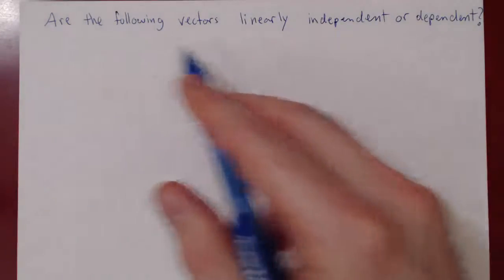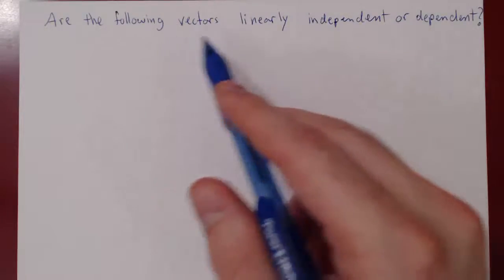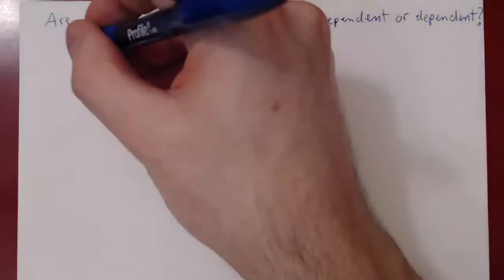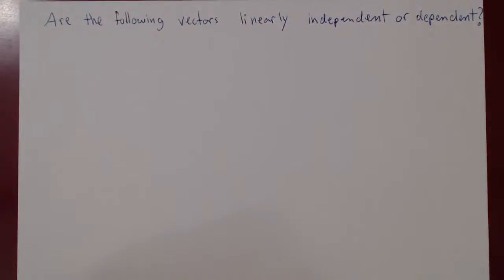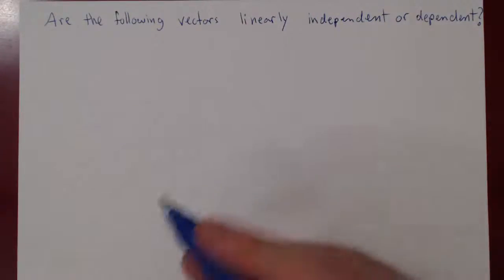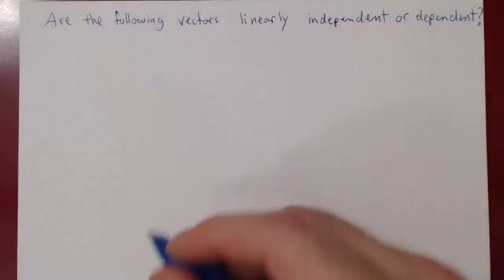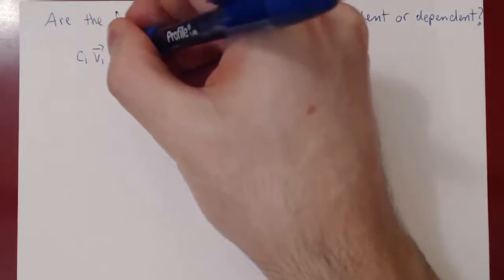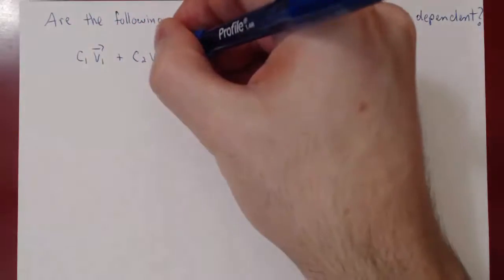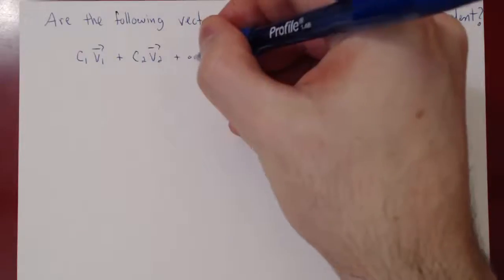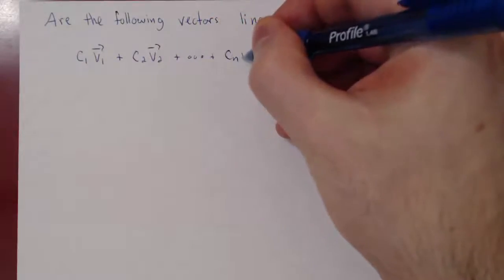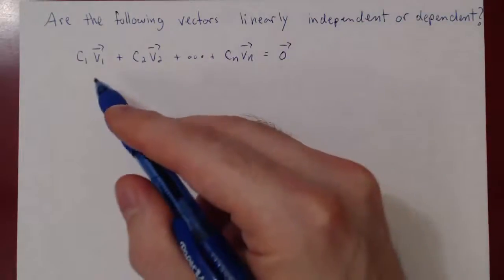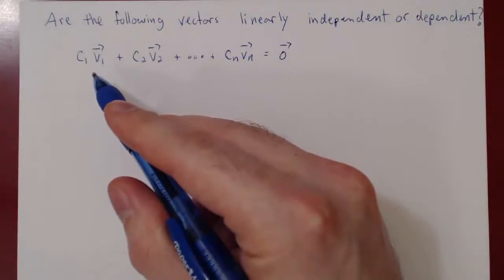Now if you remember, when we try to determine whether vectors from a vector space are linearly independent or dependent, we simply consider a linear combination of these vectors giving the zero vector. Suppose we have n vectors from a vector space.